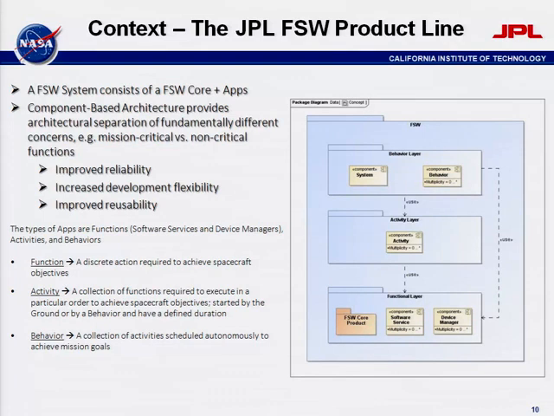The types of things you would see at the behavior layer are things like fault protection, your spacecraft mode management, your spacecraft configuration, your communication behavior, wake up, shutdown. These are autonomous behaviors that are used to achieve mission goals.